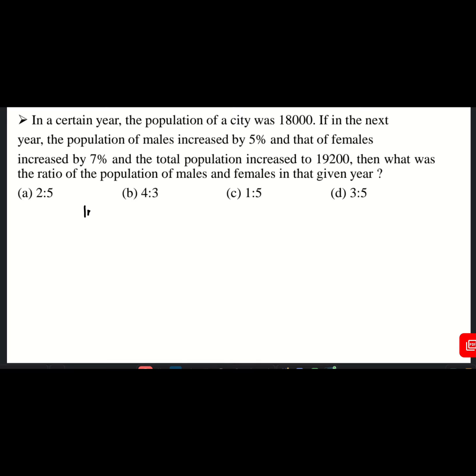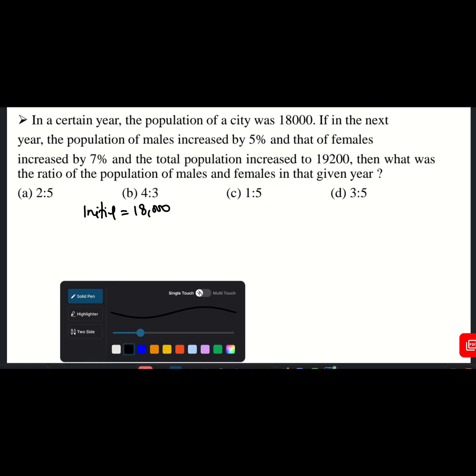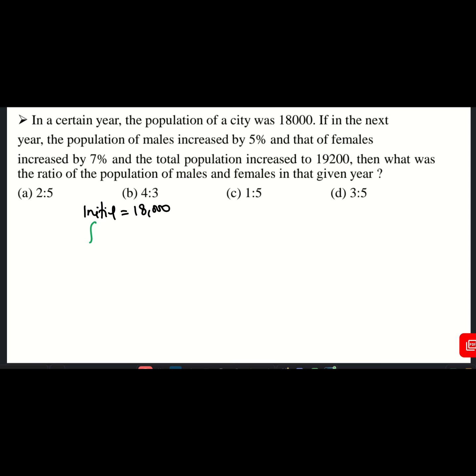Initial population is 18,000. Final population is 19,200. So the population change is 1200.